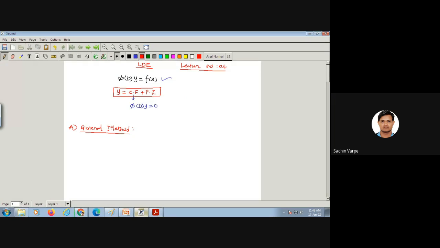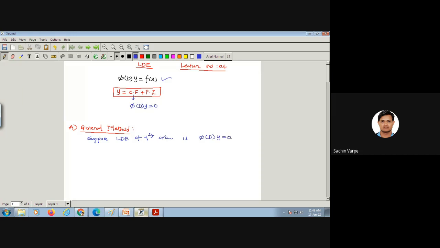The general method. Okay. So let us start with the general method. Let us have the formula first of all. To find a particular integral, if we consider a linear differential equation of first order, first degree, suppose linear differential equation of first order, first degree is phi of D into y is equal to 0.